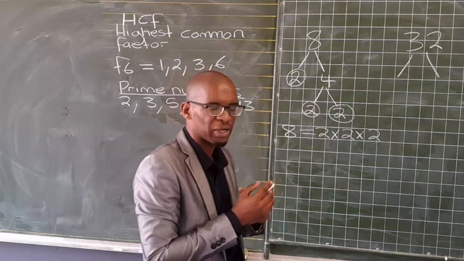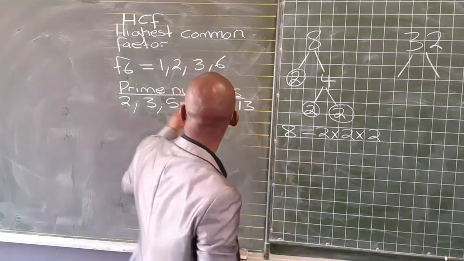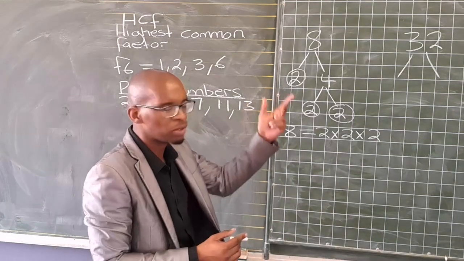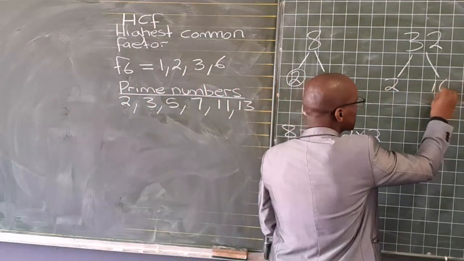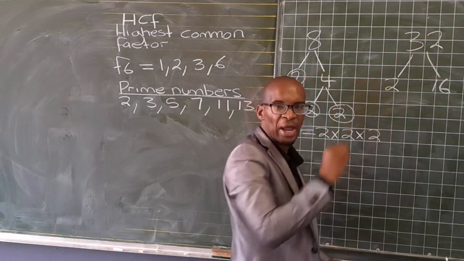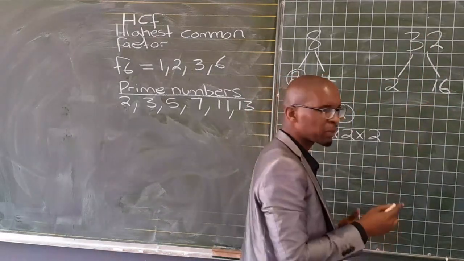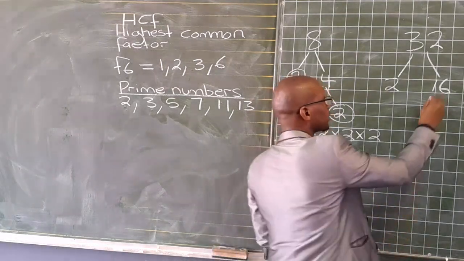Then I need to break up the number 32. I ask myself, what number multiplied by my first prime number 2 will give me 32? I can see that 2 multiplied by 16 is going to give me 32. 2 is a prime number, so I go ahead and break up the number 16 because 16 is not a prime number.